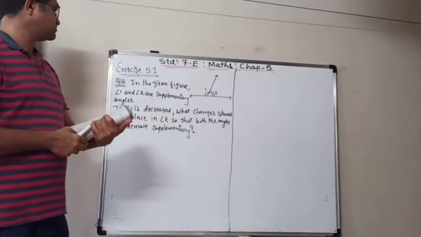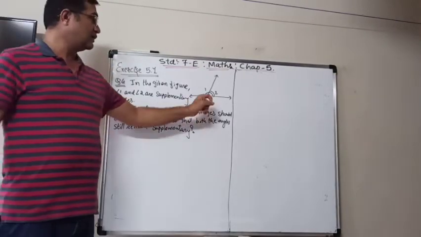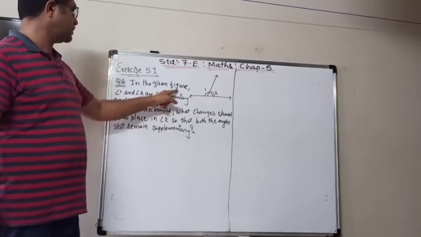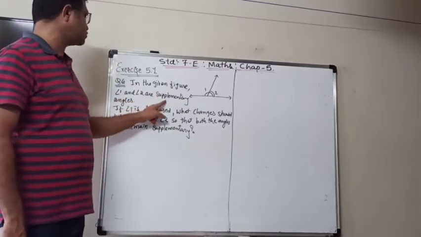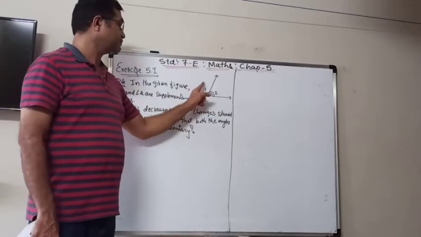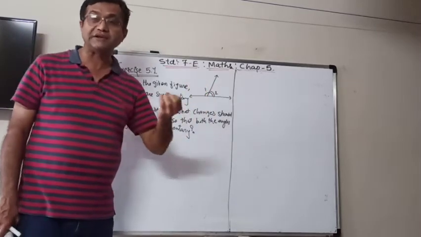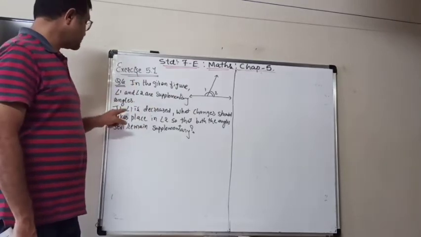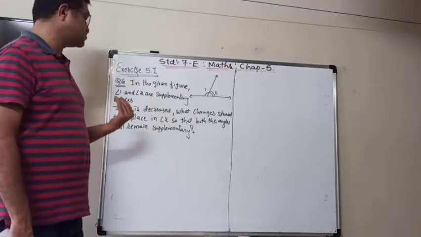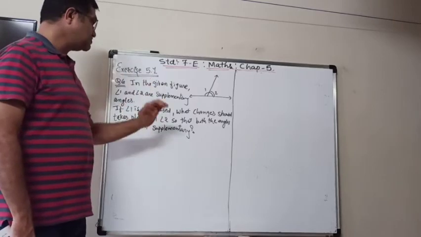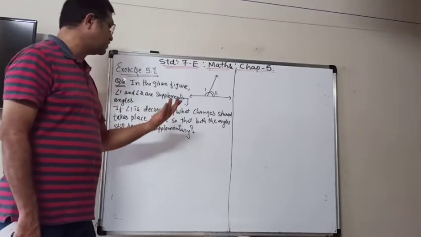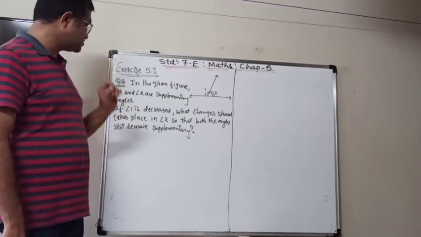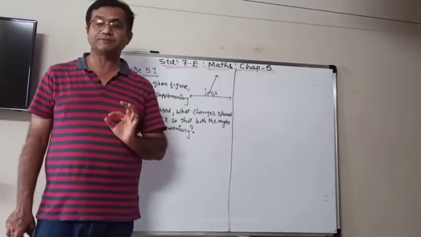Now question number 6. Here one figure is given. In the given figure, angle 1 and angle 2 are supplementary angles because they are forming the linear pair. Question is, if angle 1 is decreased, what changes should take place in angle 2 so that both the angles still remain supplementary?